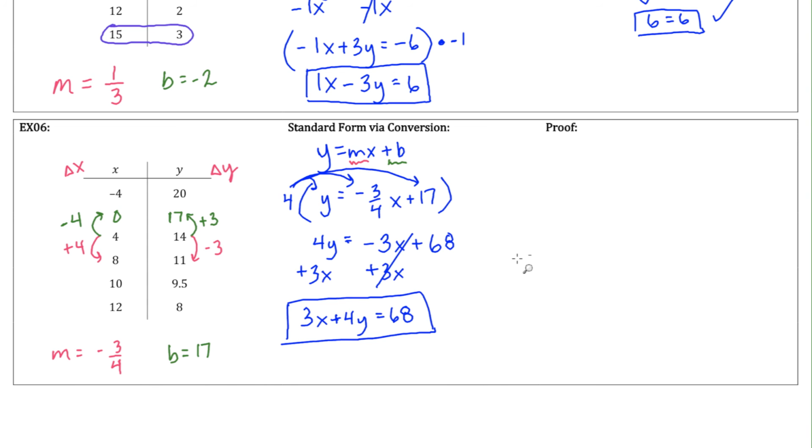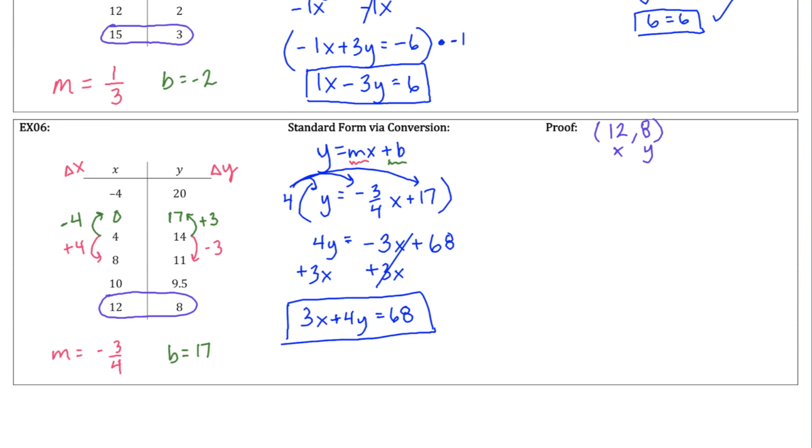So let's do some proof. Well, let's choose one first. I'm just going to choose this one because it's furthest away. I won't confuse people looking at the notes. So 12, 8. This is x and this is y.